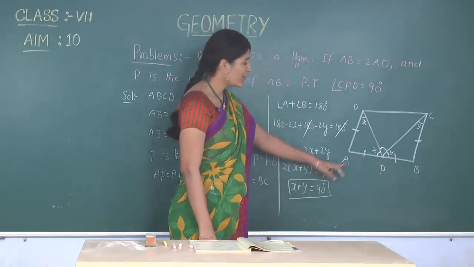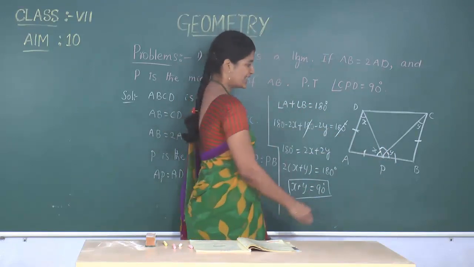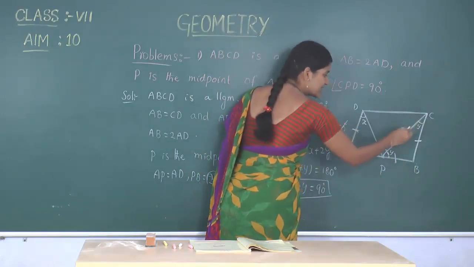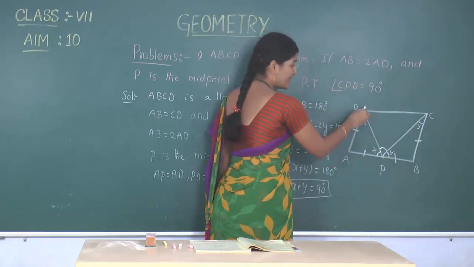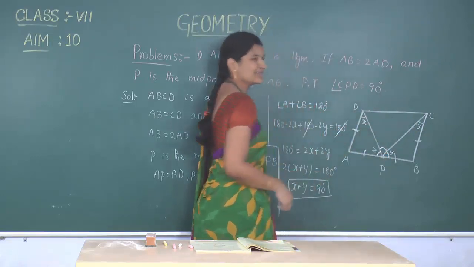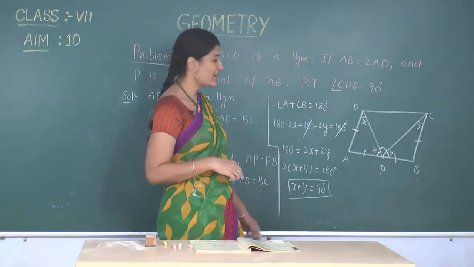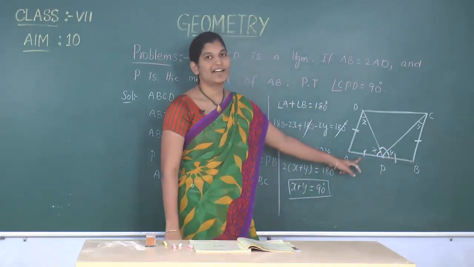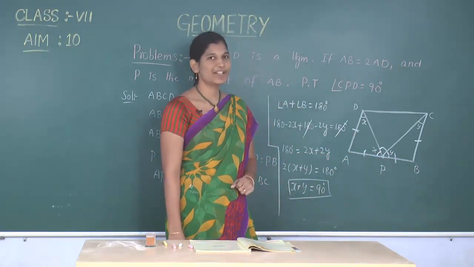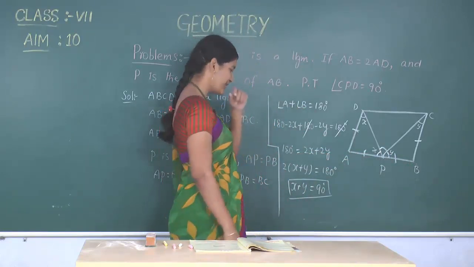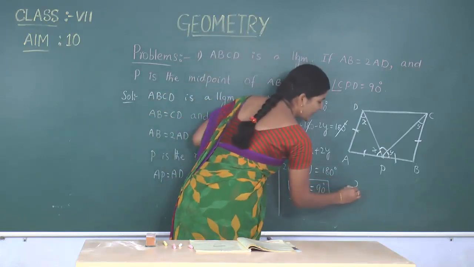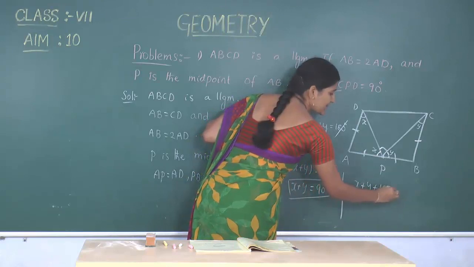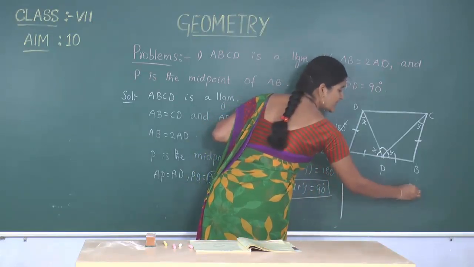We got it. What about this one? Here you can see angle BPC plus angle CPD plus angle DPA forms linear pair. Why? Because these three angles are on the line. Linear pair means angle equal to 180 degrees. Now here we can write x plus y plus angle CPD is equal to 180 degrees.